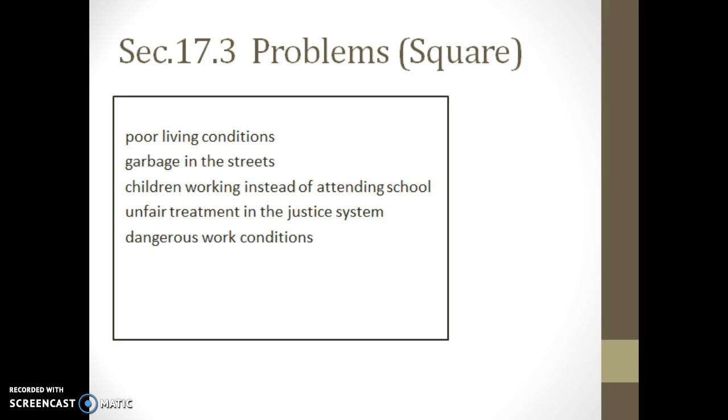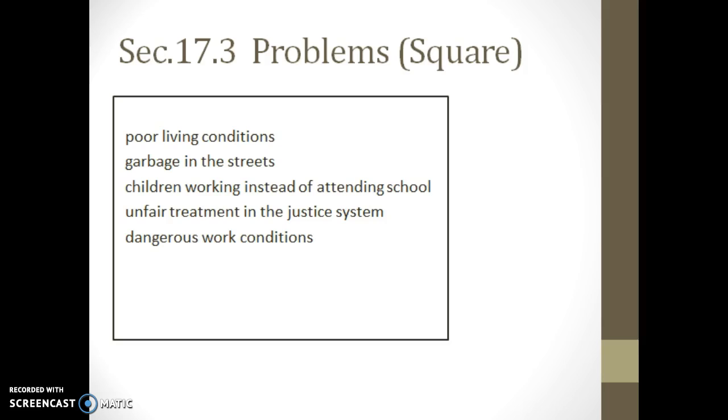Okay, so from section 3, you should have read that by now, and if you haven't, maybe pause and take a look at it. But the problems that the progressives identify are, and this is straight from chapter 16, poor living conditions. We looked at the tenements. They were nasty. There was a lot of garbage in the streets, and we saw pictures of that. Children were working instead of going to school. You know all about child labor.